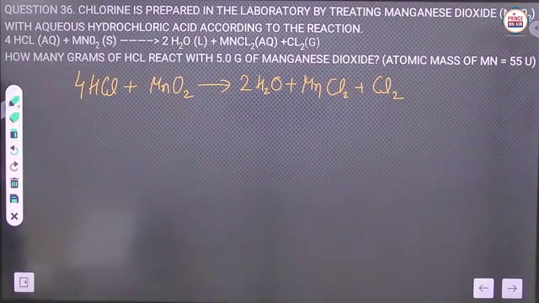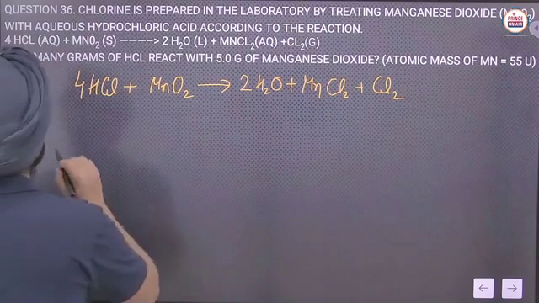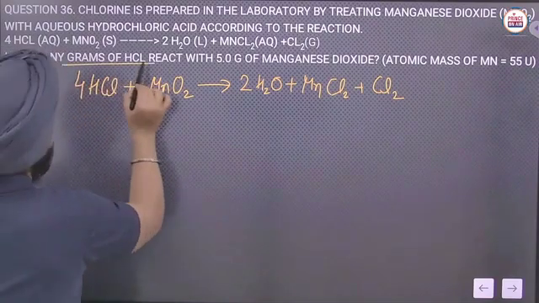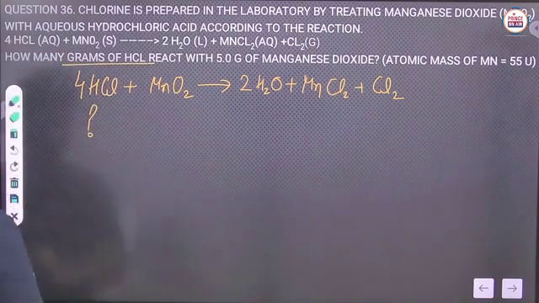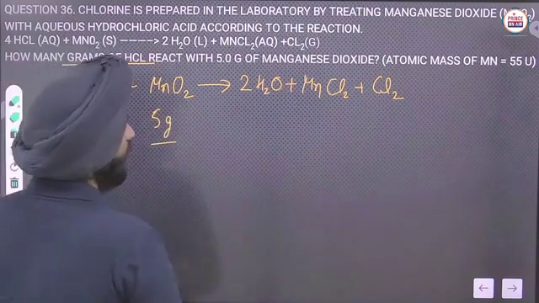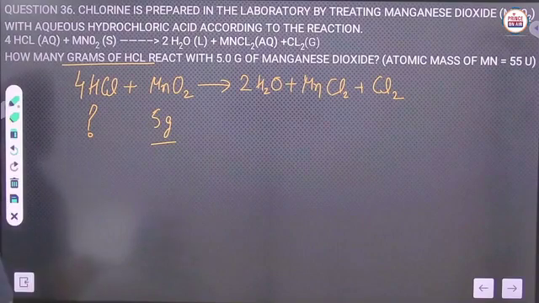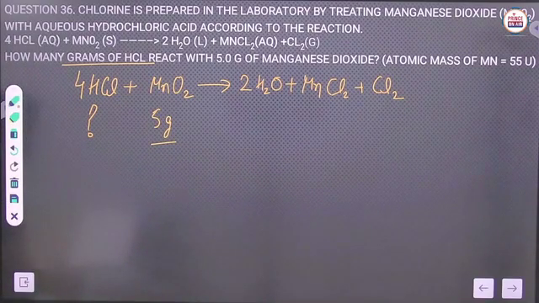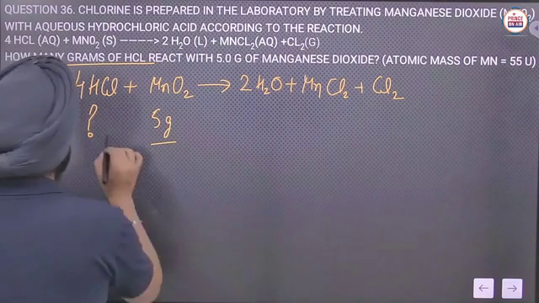What they are saying, how many grams of HCl react, means we have to calculate HCl with the 5 gram of manganese dioxide. So what will be the requirement of HCl in this case? Try that question now.